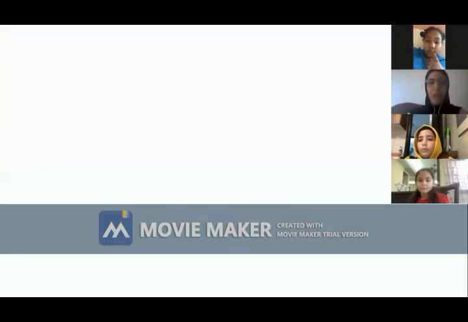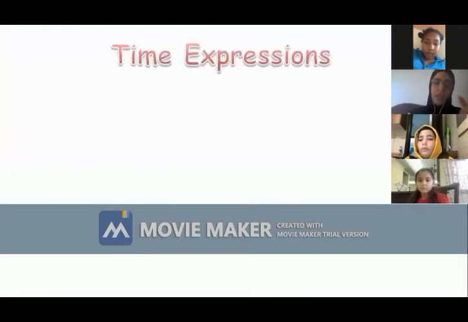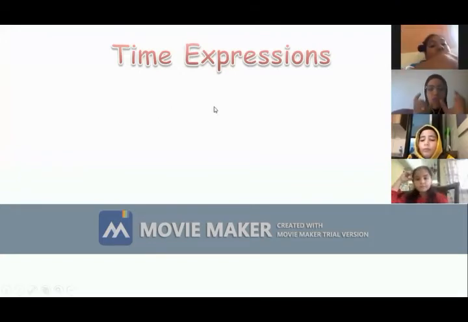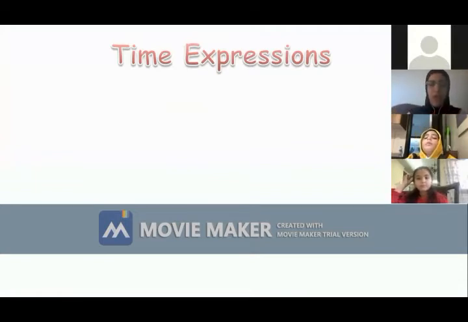Before we continue, we have to look at something called time expressions or frequency adverbs. Time expressions are words that show the time in the present.